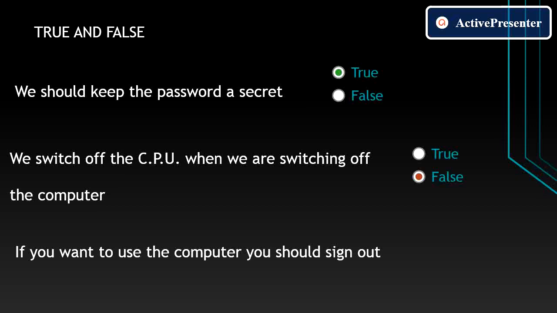The last one, if you want to use the computer, you should sign out. Signing out would be one step before shutting down. So, if you want to work on the computer, you should not be signing out. So, this is also a false statement.